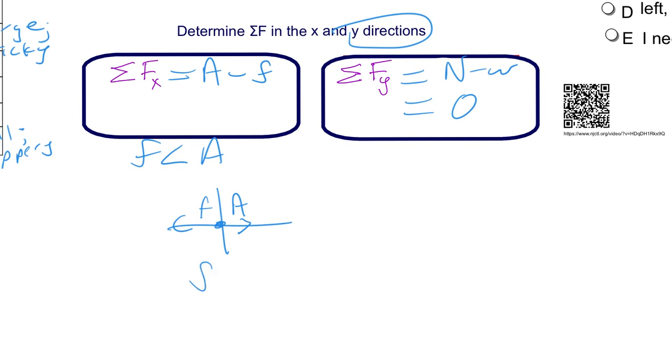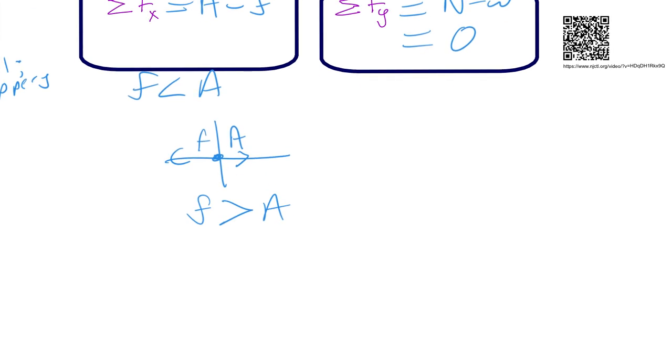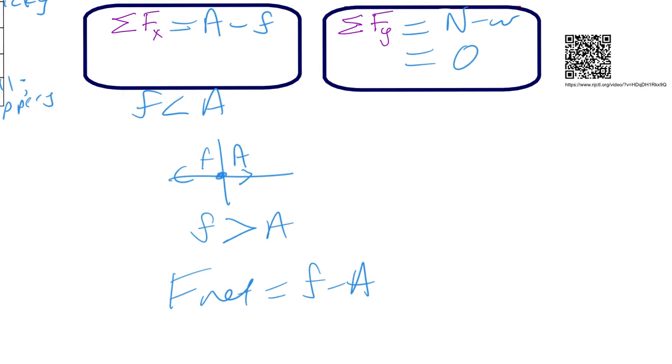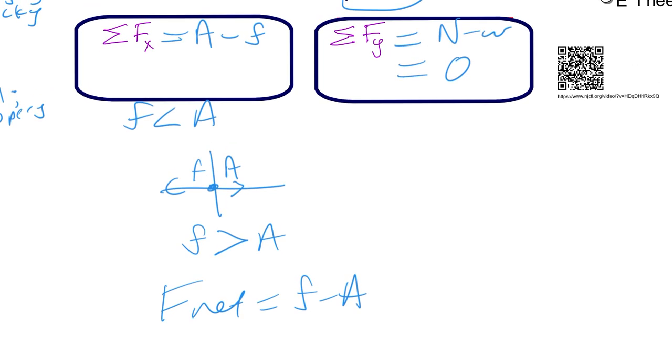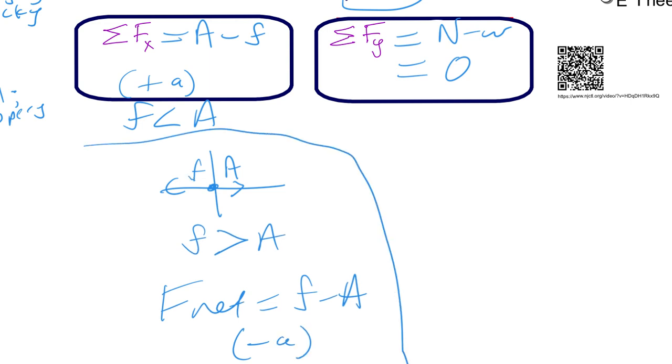And so, if friction was greater than the applied force, then F net would equal friction minus the applied force, and it would be slowing down. The acceleration would be negative, whereas in the other case, you have positive acceleration.